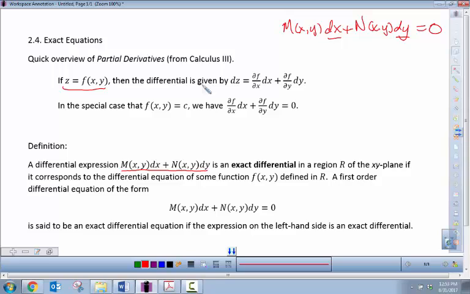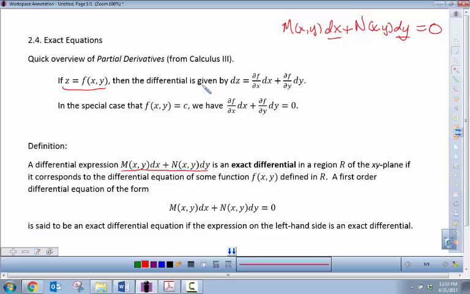But if you have taken Calc 3, you should try to remember when that happened. If you haven't taken Calc 3, then this is a definition that you'll run into.